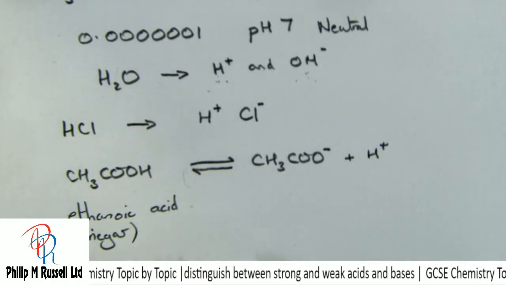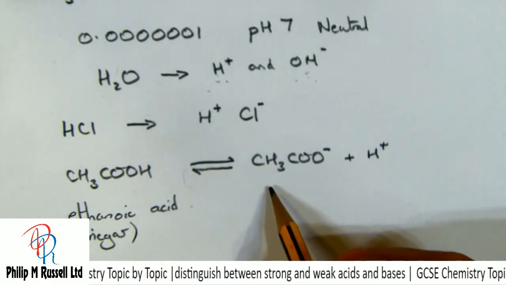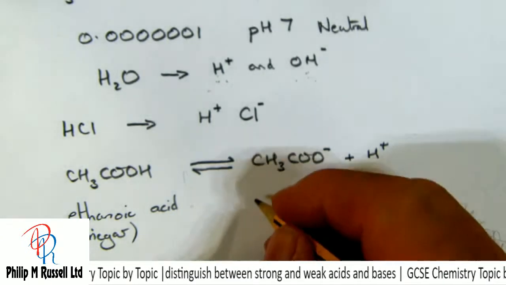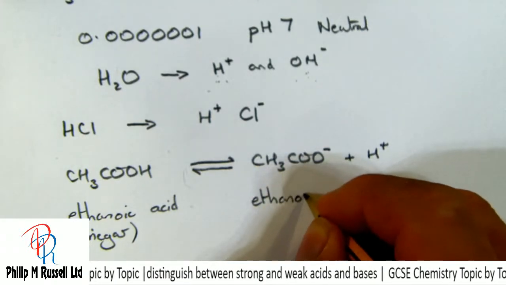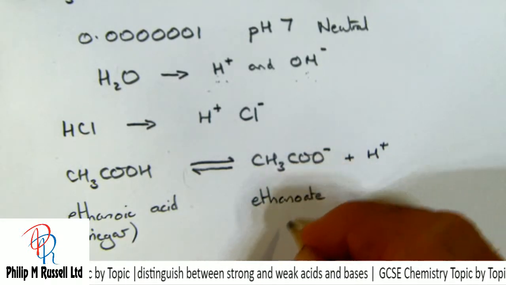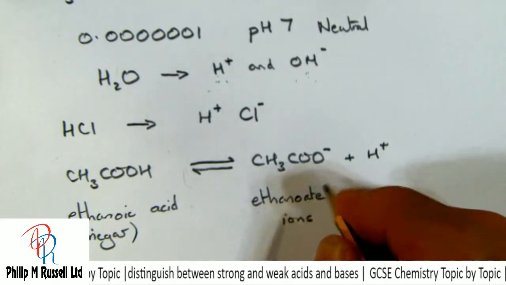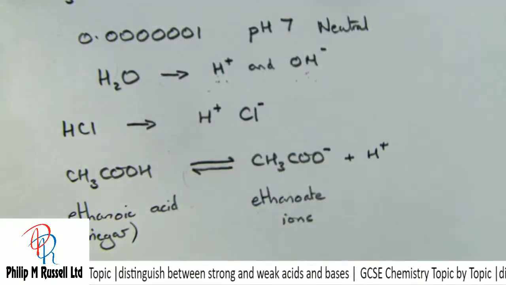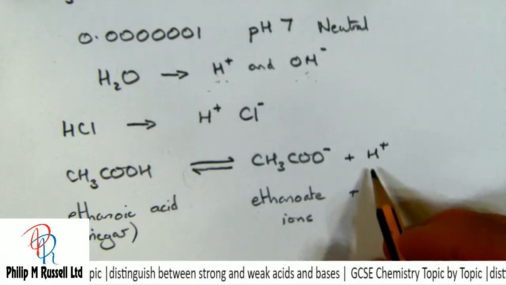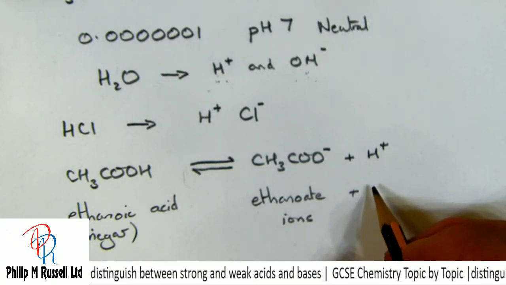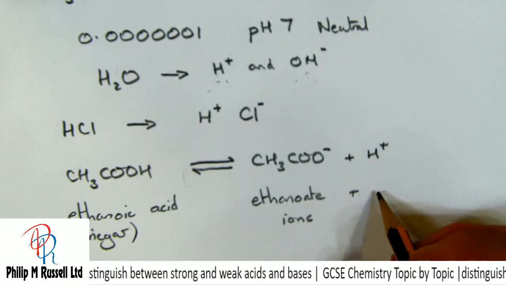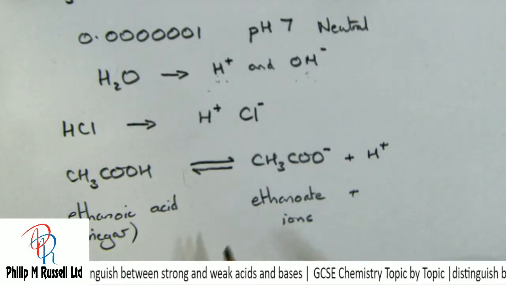So I've got my ethanoate ions, similar to my chloride ions, plus I've got my hydrogen ion, or my protons, maybe we could call them.